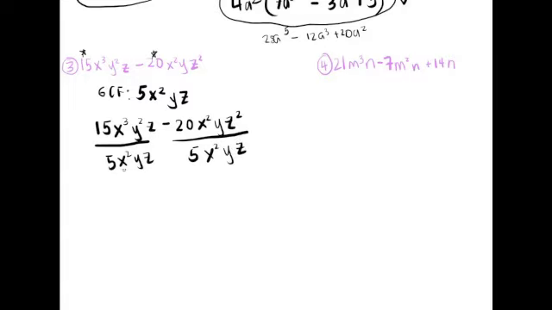Okay, so I end up with, in this first term, 3. I have an x left over, I have a y left over, and then my z's cancel out. Minus 20 divided by 5 is 4. X squares are going to cancel, y's are going to cancel, and I'm just left with a z. Put that answer in a parenthesis, put my GCF on the outside.